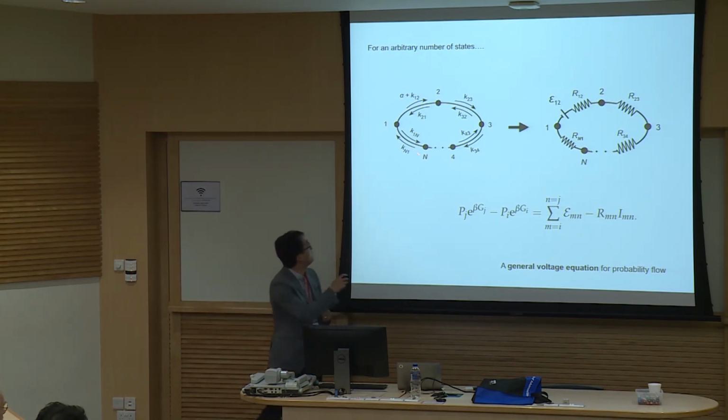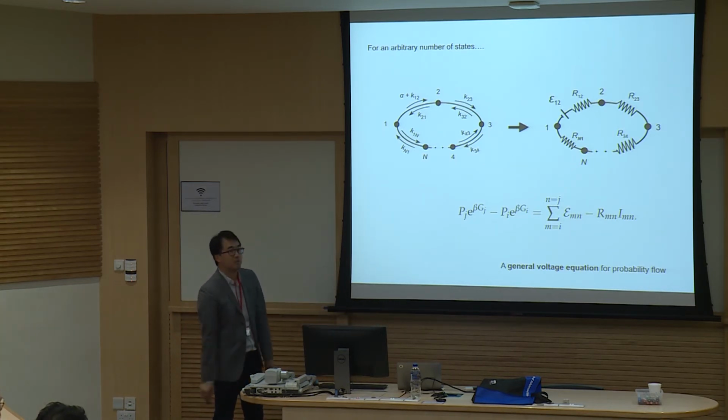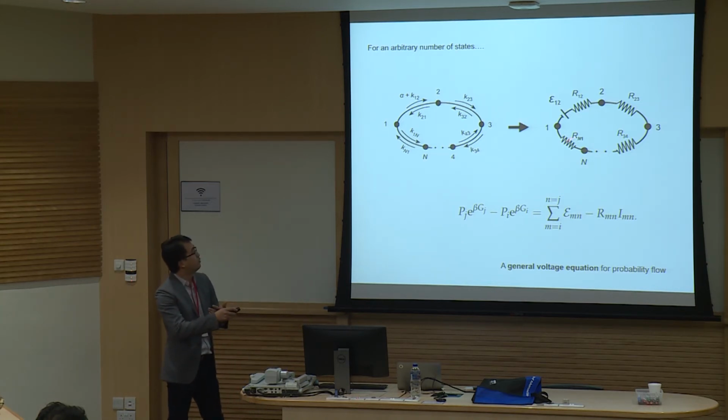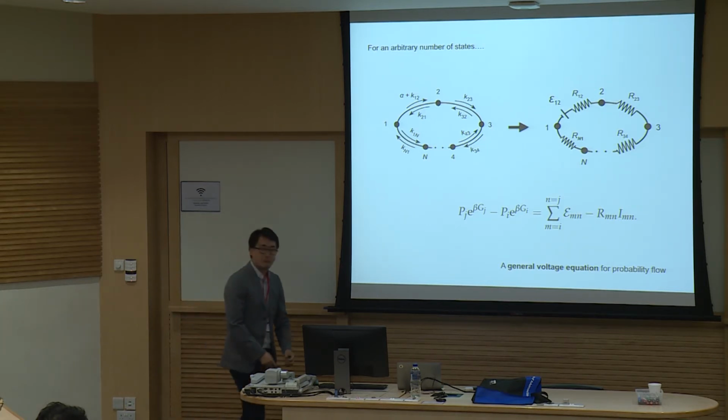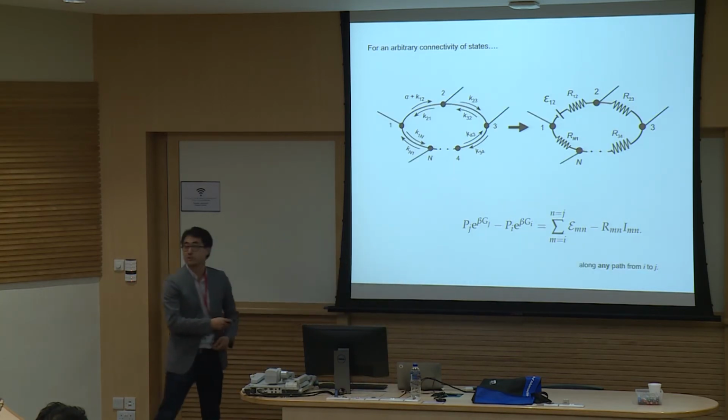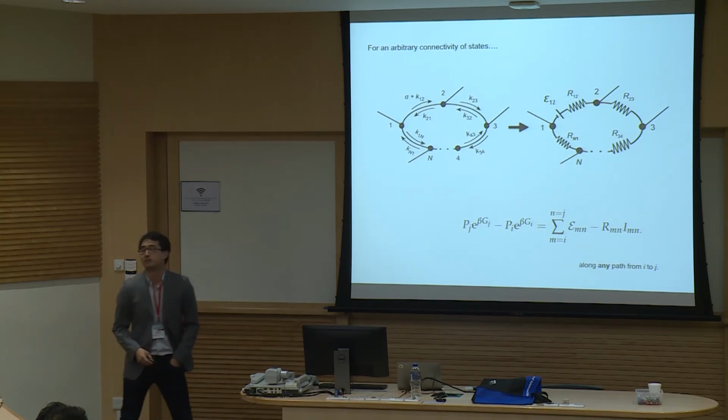And this is true for an arbitrary number of states in a loop. So it would be useful if this also held for an arbitrary state space in which any state can be connected to any other state anyway, right? And it does. So this relation also holds along any path from any state to any other state.